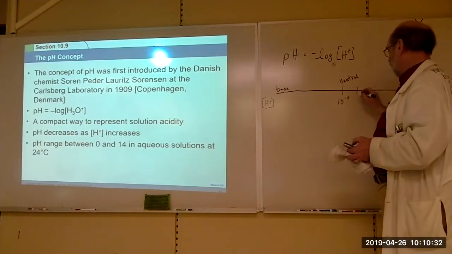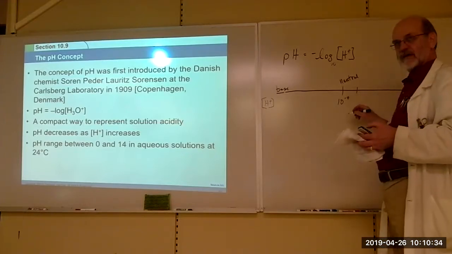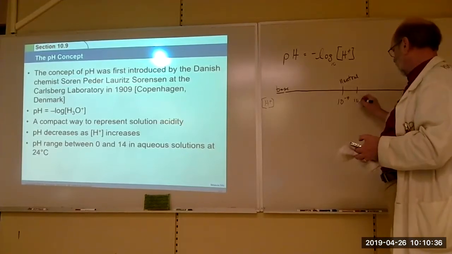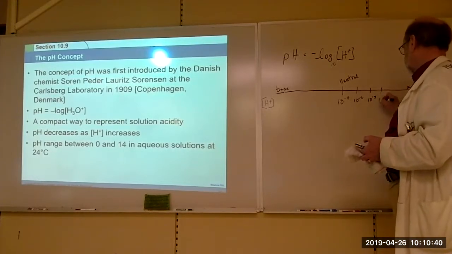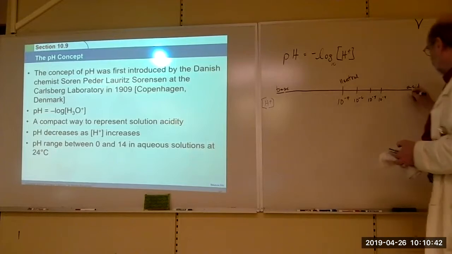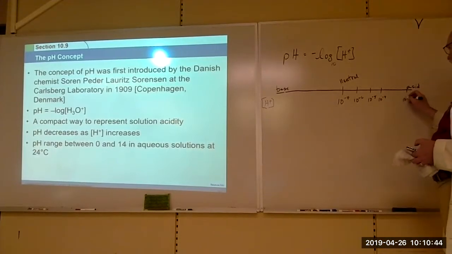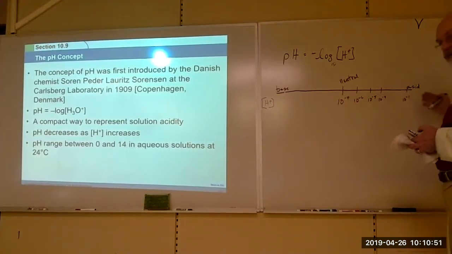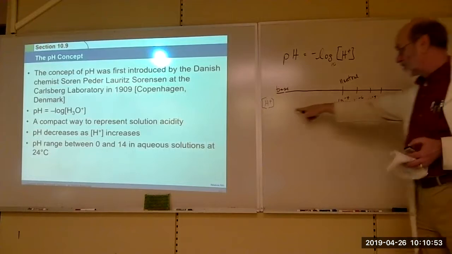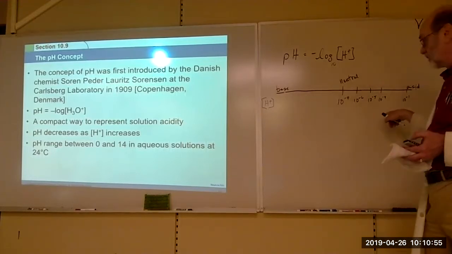So let's go up in steps of orders of magnitude. 10 to the minus 6, 10 to the minus 5, 10 to the minus 4, and you can go up to 10 to the minus 1. More concentrated makes acid. Hydrogen ions, hydronium ions.